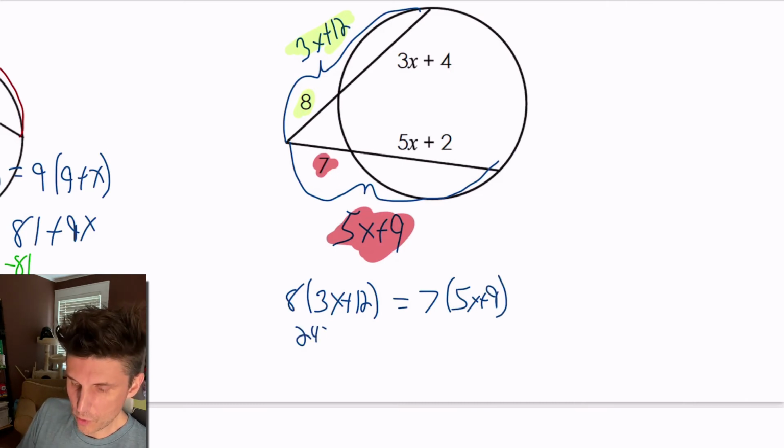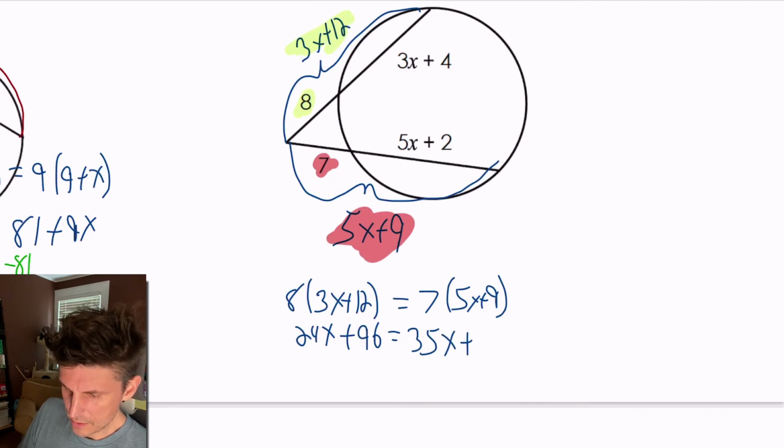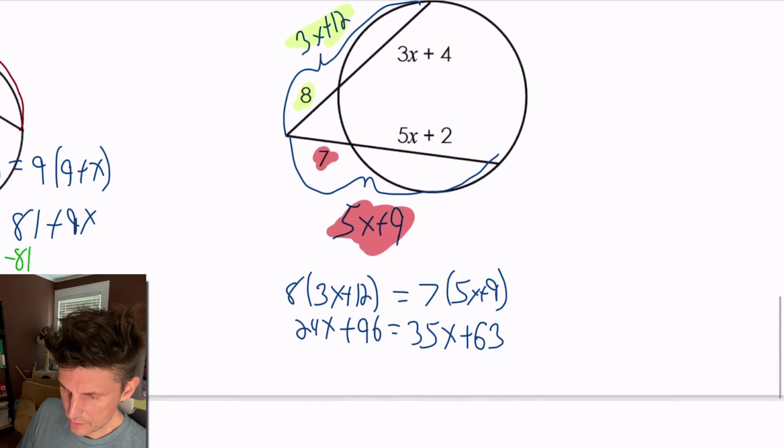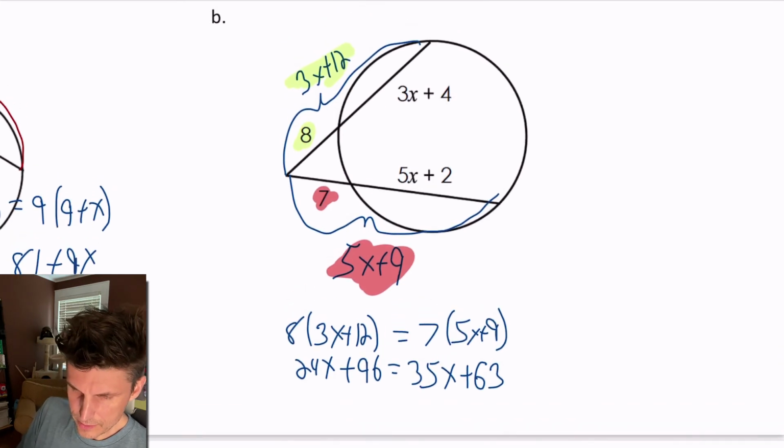Distribute, that's 24x plus 96 and 35x plus 63. Combine like terms.